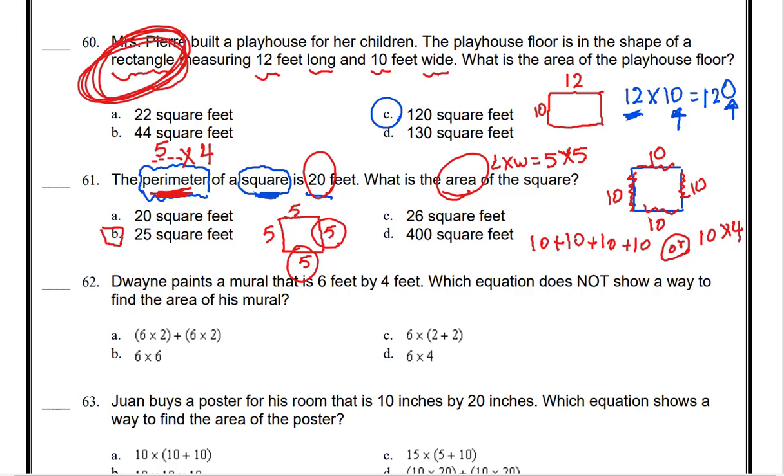So this 5 is the length, and as we know, in the square, the length and the width are the same. So 5 times 5, this is the area. 5 multiplied by 5 is 25.